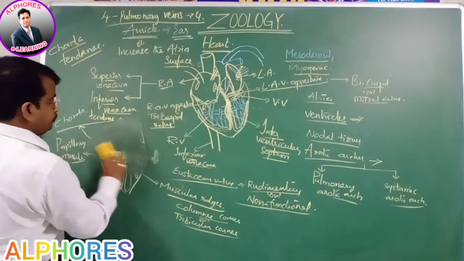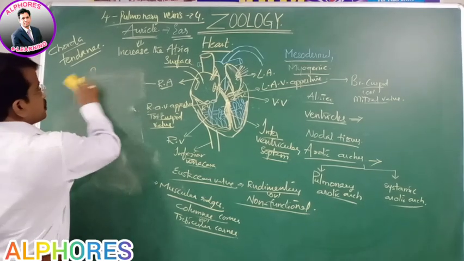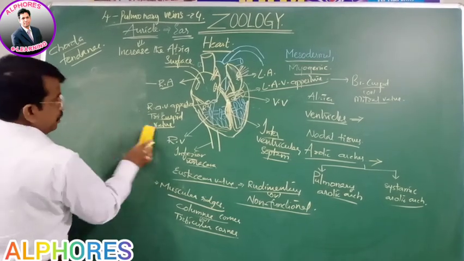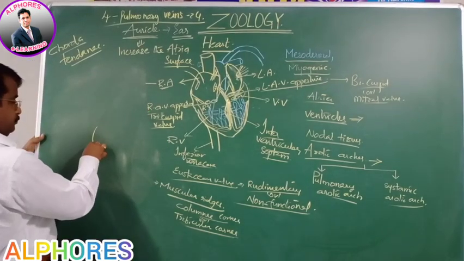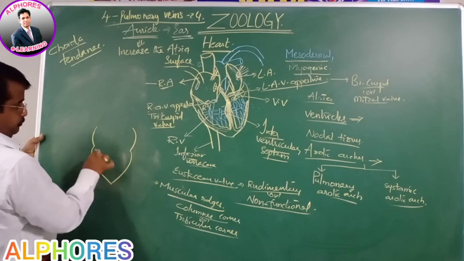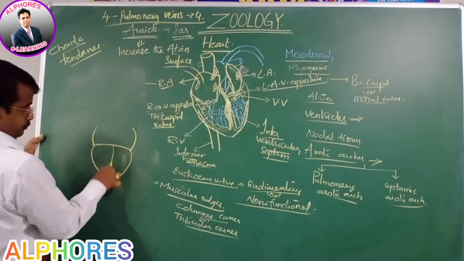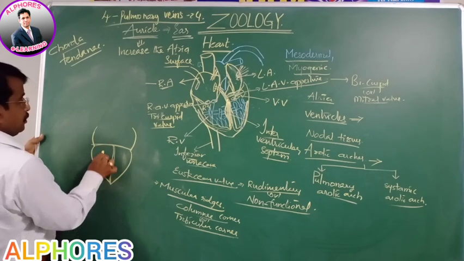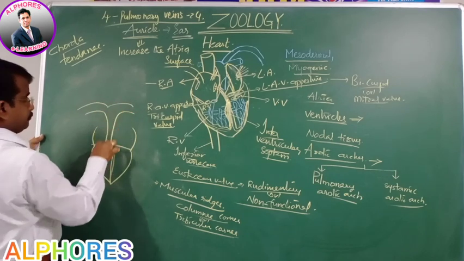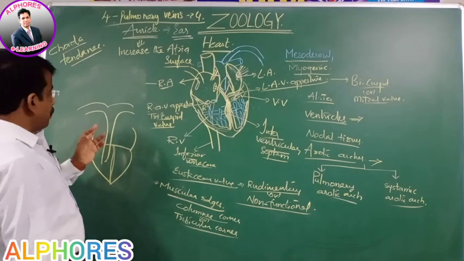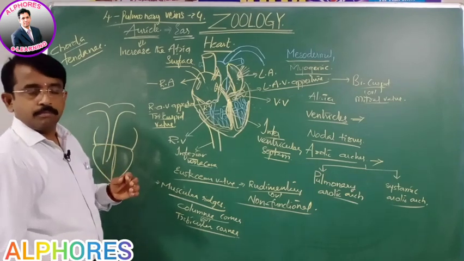The pulmonary aortic arch originates from the right ventricle, and here we can see its origin.